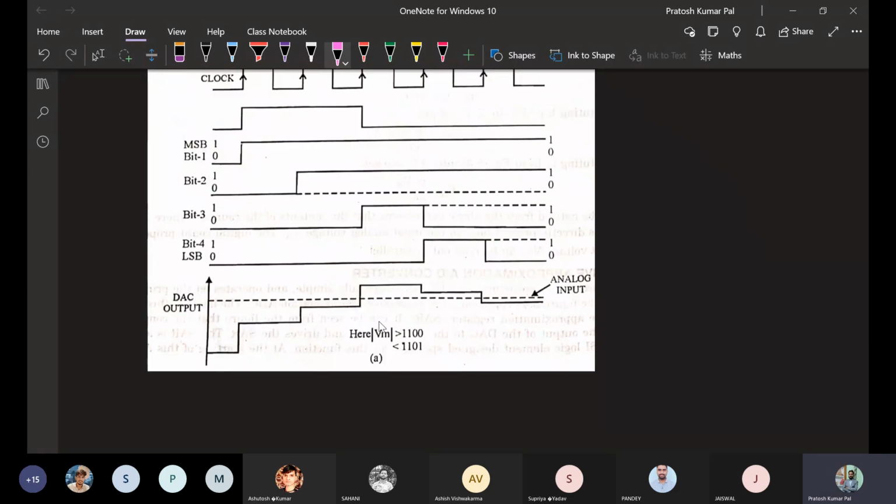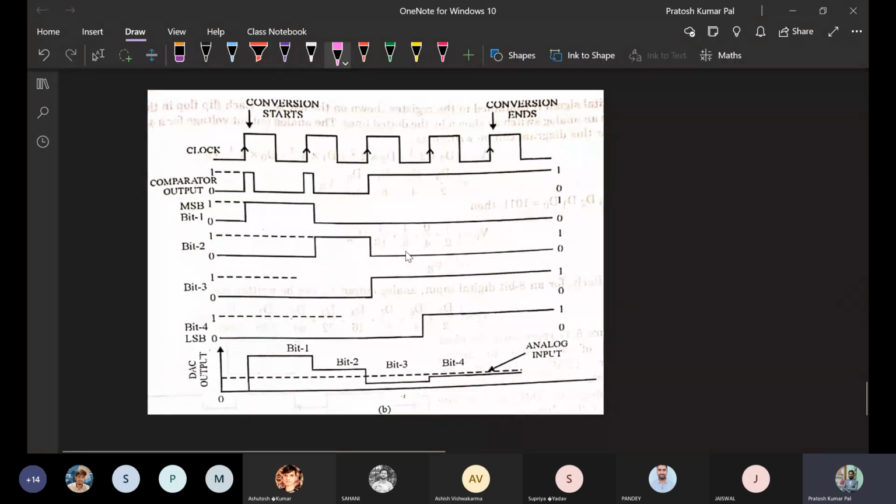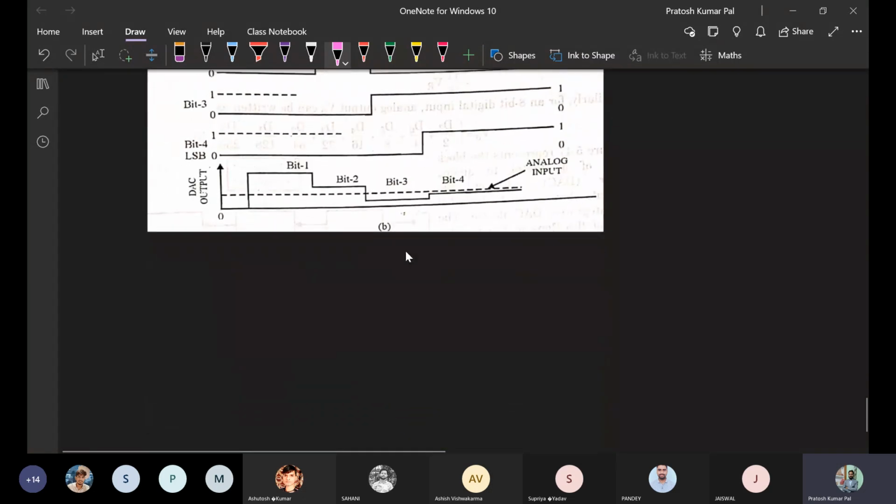It will always be comparing, and after comparison, it will make sure the analog value comes out close to this analog value. Different bits are there, 4 bits, and how these 4 bits will be activated is given here. These are examples of that conversion, with different 4-bit values converted.